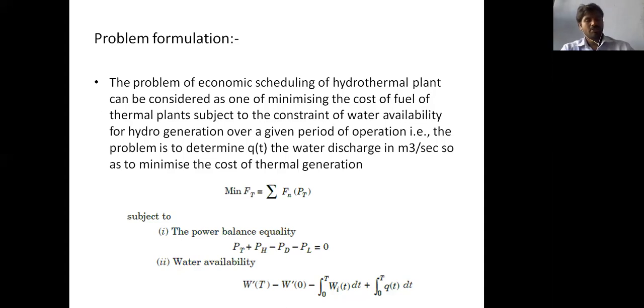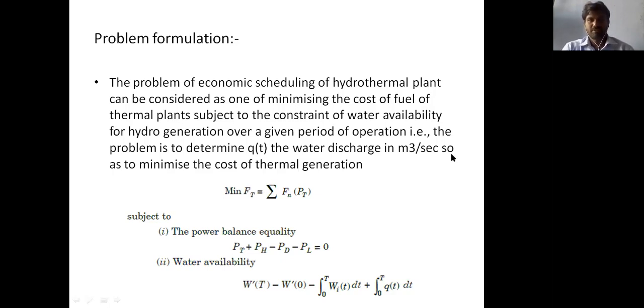That is, the problem of minimizing the operating cost of a hydrothermal system can be viewed as one of minimizing the fuel cost of thermal plant under the constraint of water availability for hydro generation for a given period of time.